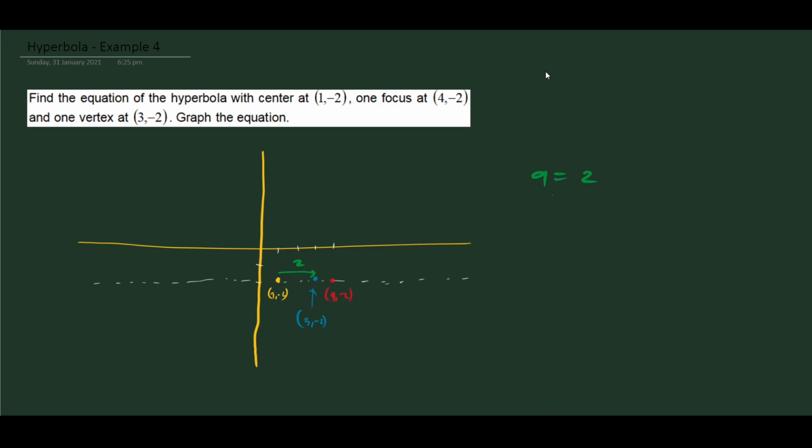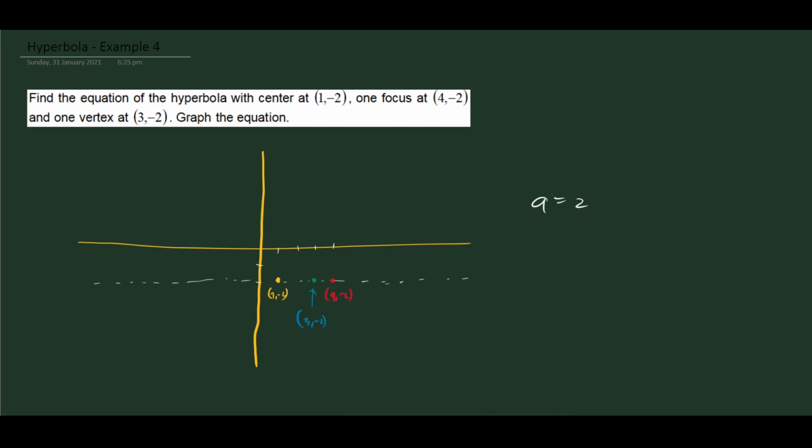If we need to plot it now, you can use the plus and minus 2 and add it to the specific coordinate in our vertex. Okay, so we now know that a is equal to 2, right?